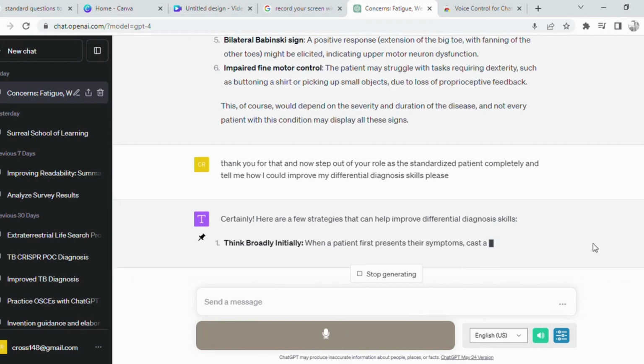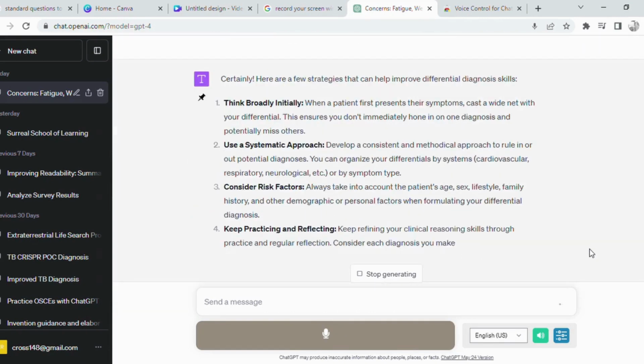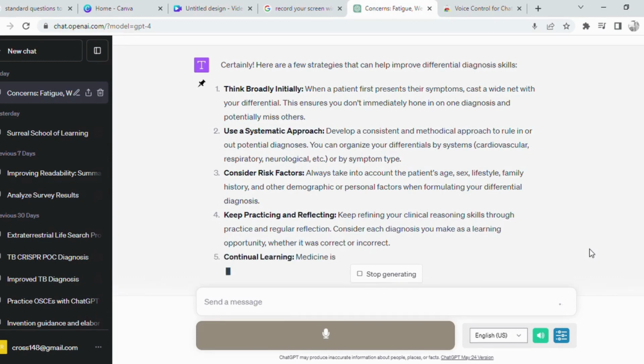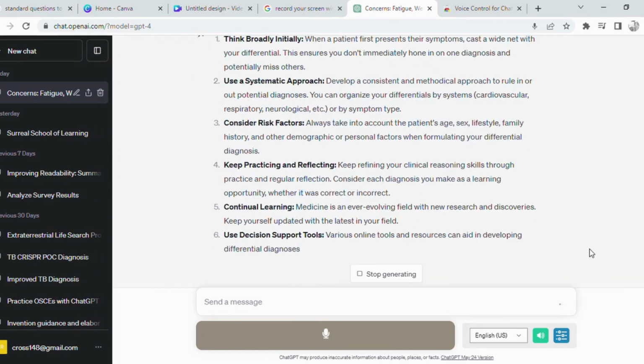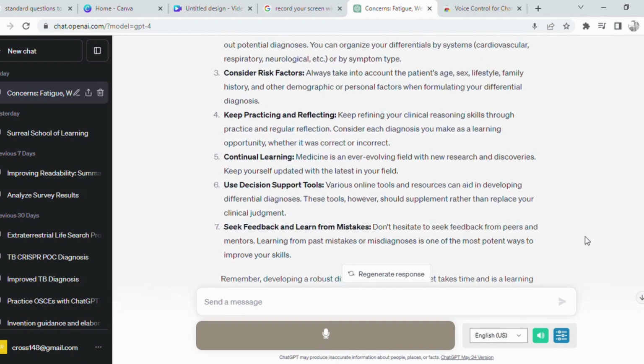Certainly. Here are a few strategies that can help improve differential diagnosis skills. Think broadly initially. When a patient first presents their symptoms, cast a wide net with your differential. This ensures you don't immediately hone in on one diagnosis and potentially miss others. Use a systematic approach.